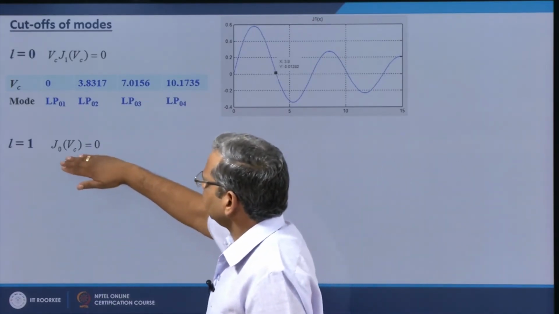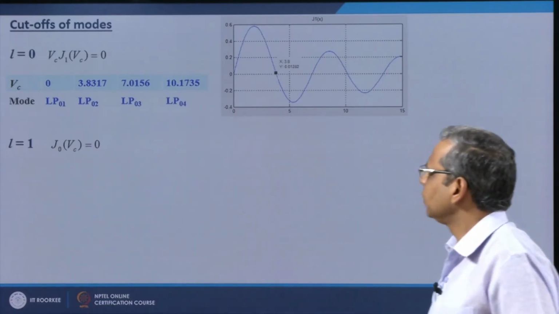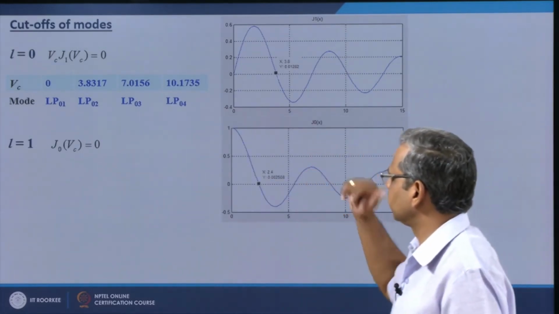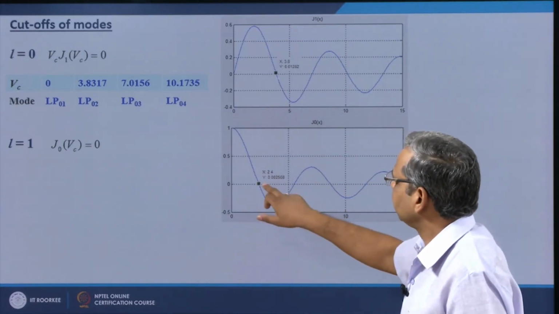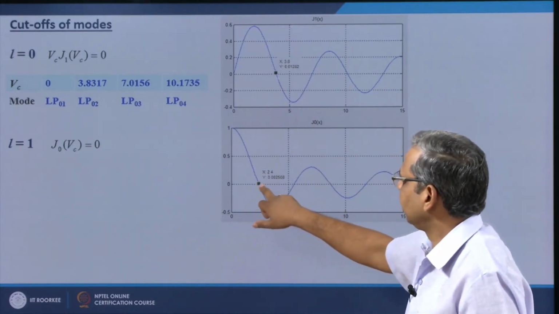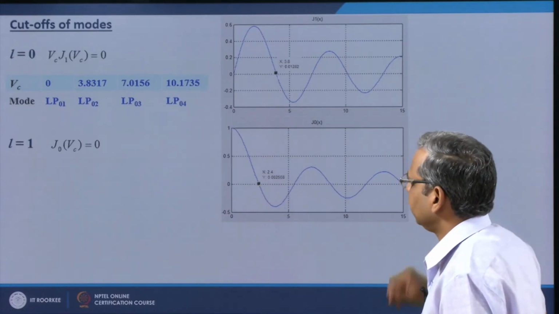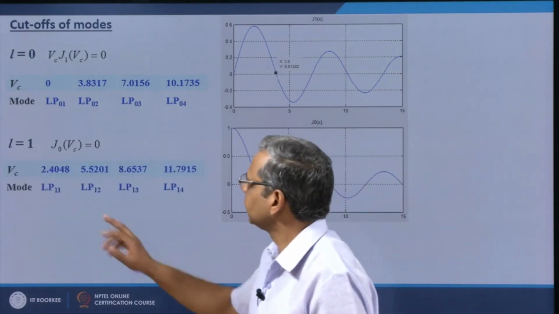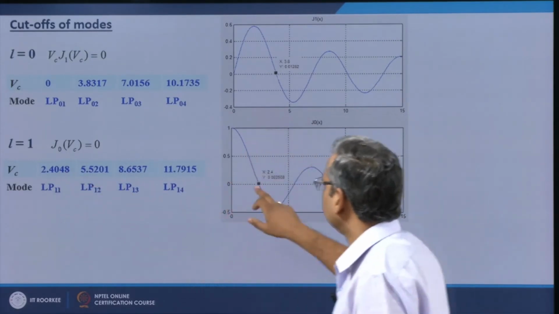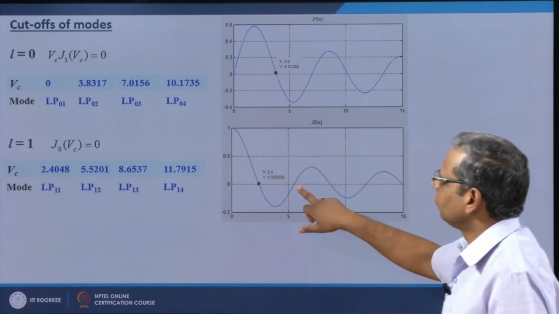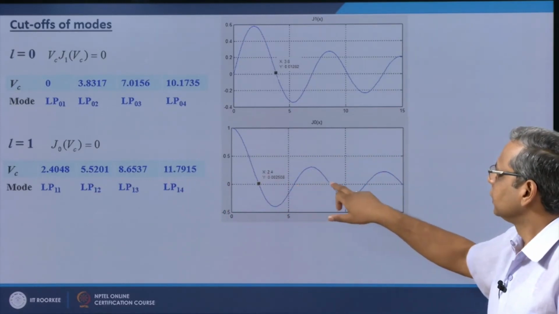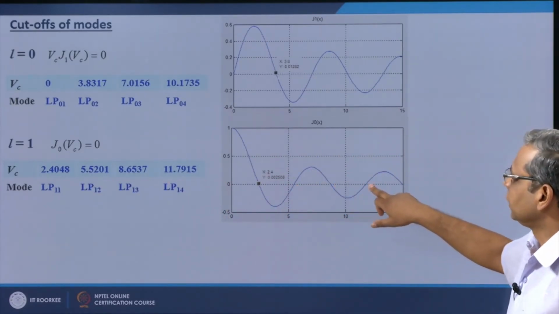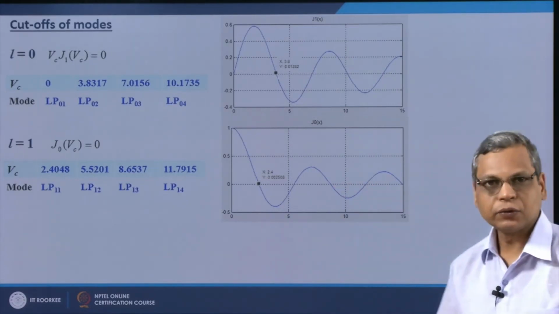So, what are the zeros of J0 now? Let us plot J0 x, and J0 x goes like this, and we find that the first zero is around 2.4 and then and so on. Let us list the zeros of J0 x. First zero is 2.4048, second is 5.5201, third is 8.6537 and 11.7915 and so on.